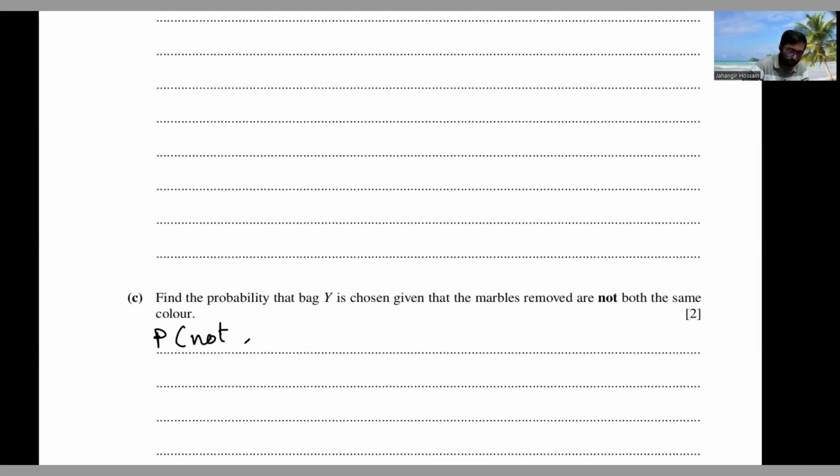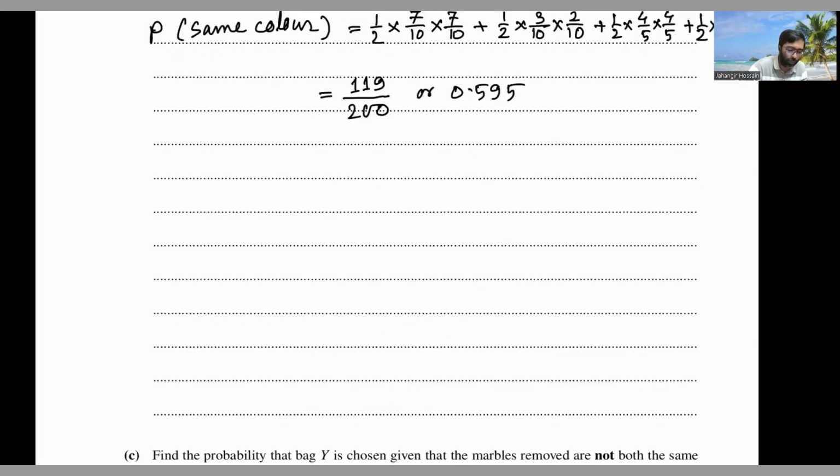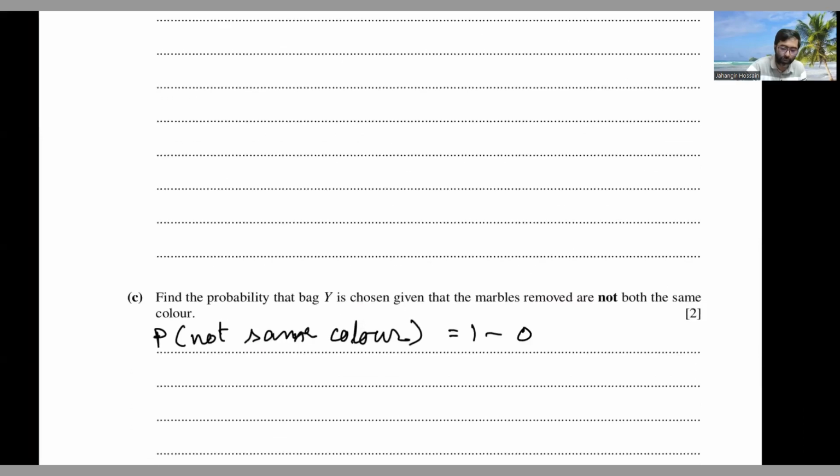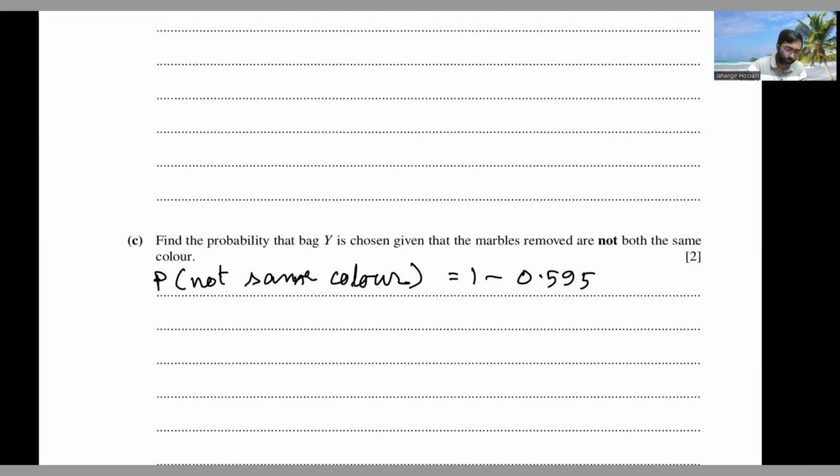The probability will be 1 minus the probability of the same color, that's 1 minus 0.595. And we need the probability of Y given not the same color, different color.